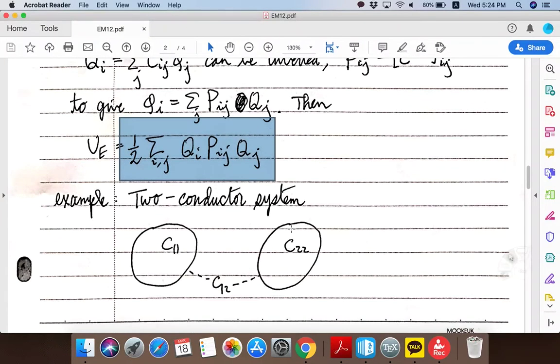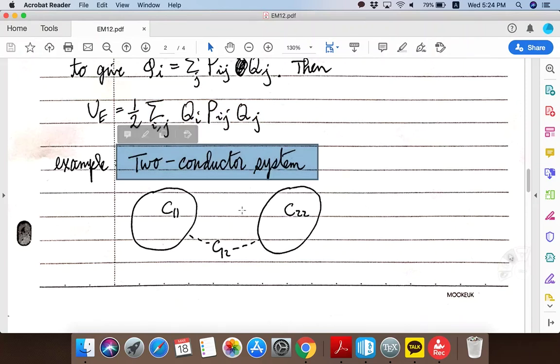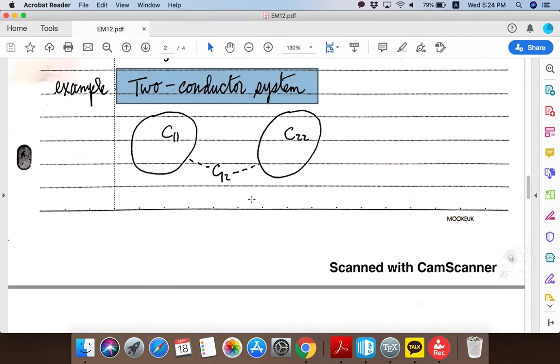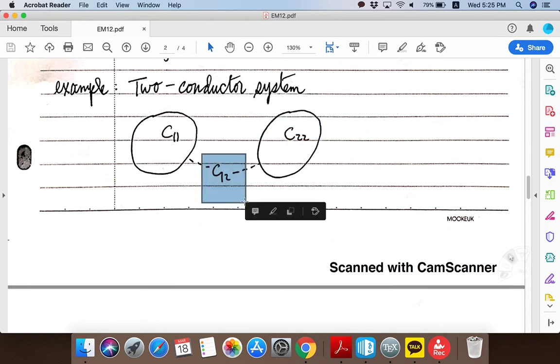So if you're not entirely sure what this is good for, or whether this is good for anything, you can think of probably the simplest example of a multi-conductor system consisting of only two conductors with self-capacitances C11 and C22 and some mutual capacitance C12.